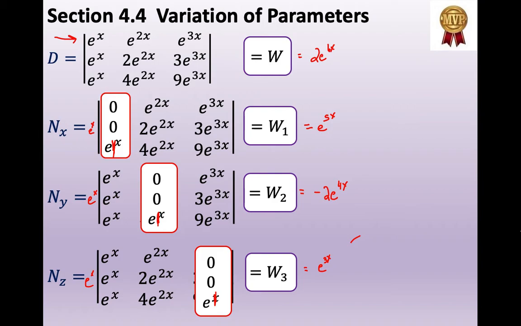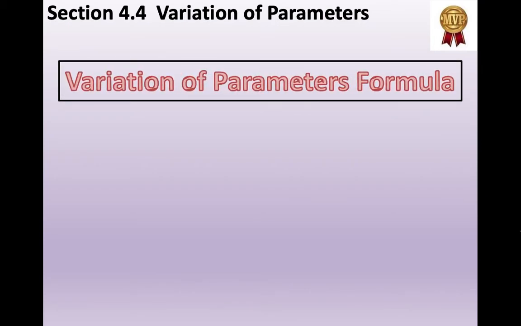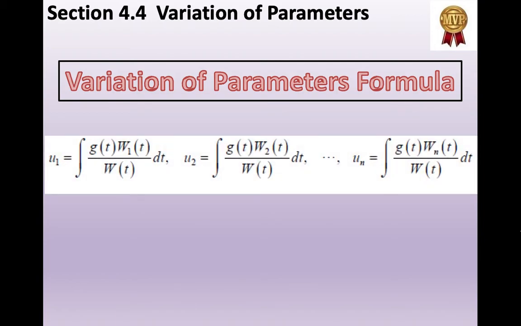So now what am I going to do with this? The variation of parameters formula for higher order looks like this. Can you see why I left the factored e to the x outside, so that I would match this formula? Do you see that?